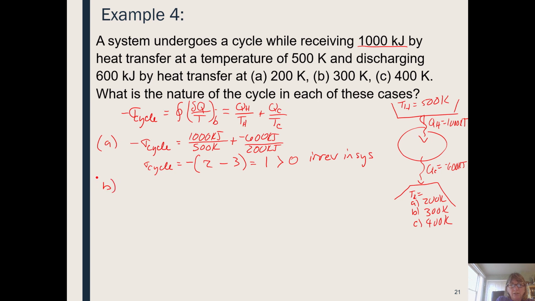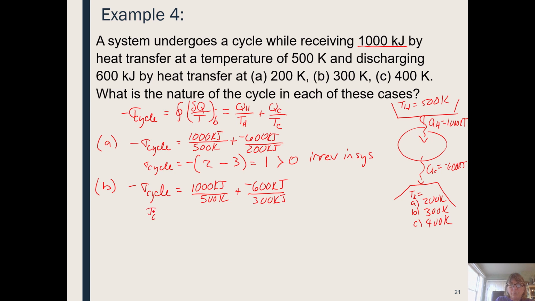For B, we're going to do the same thing. We have 1,000 over 500. Now our temperature is going to change here. We have 600 over 300.